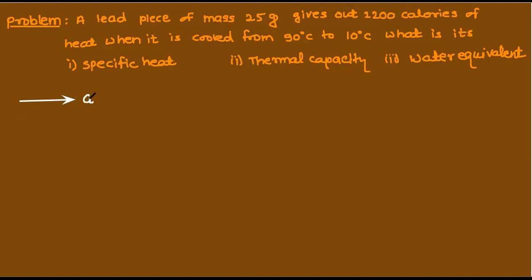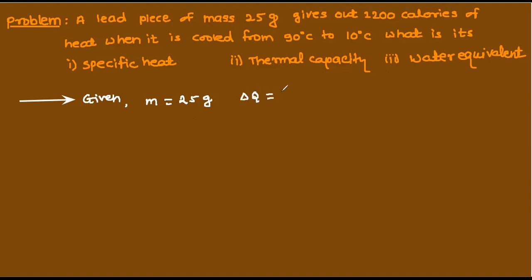So first you see what is given things here. M is given. How much is M? 25 gram. Next, delta Q is also there, right?